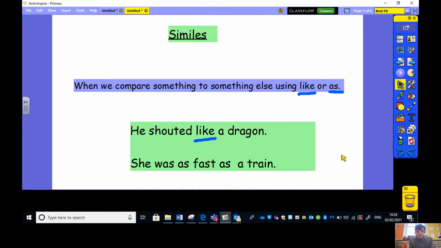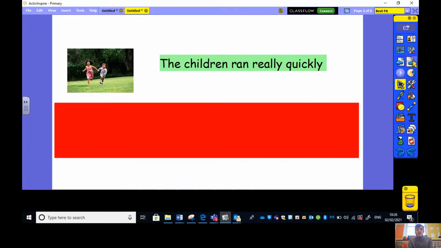We could just say she was really fast, but she was as fast as a train. We're suddenly picturing this girl racing along quickly like a train, okay? So a simile is when we compare something to something else using like or as, and it improves our writing.